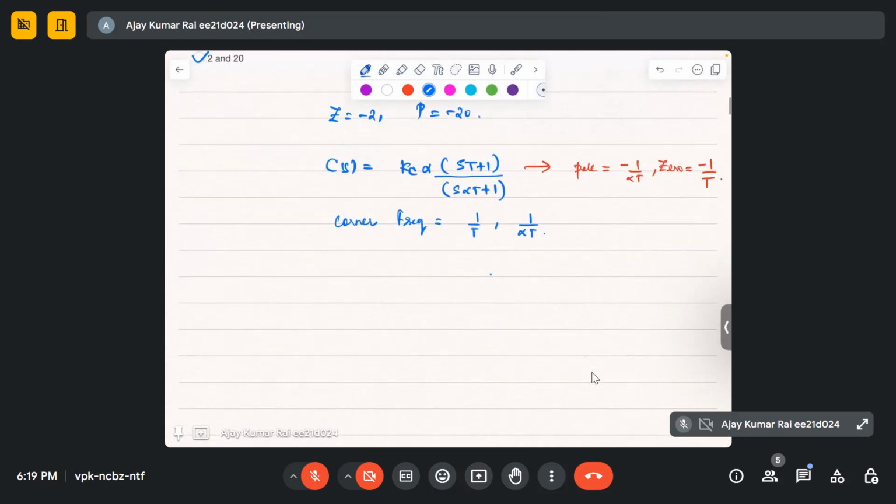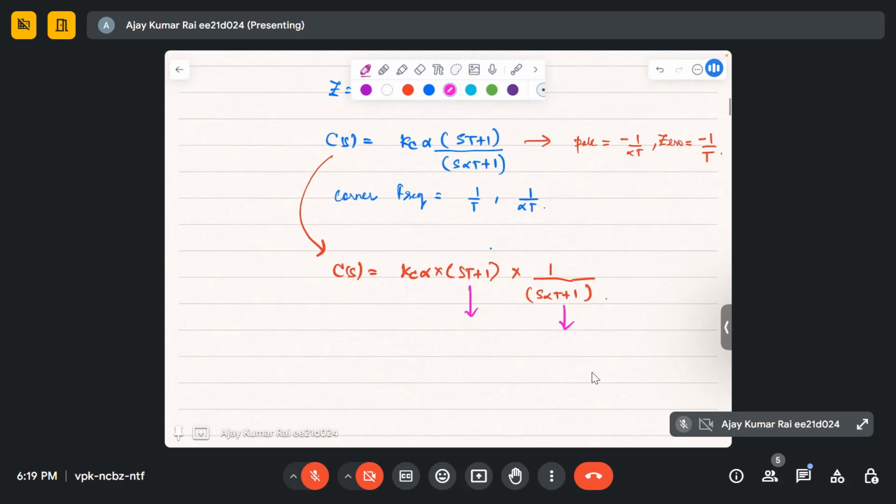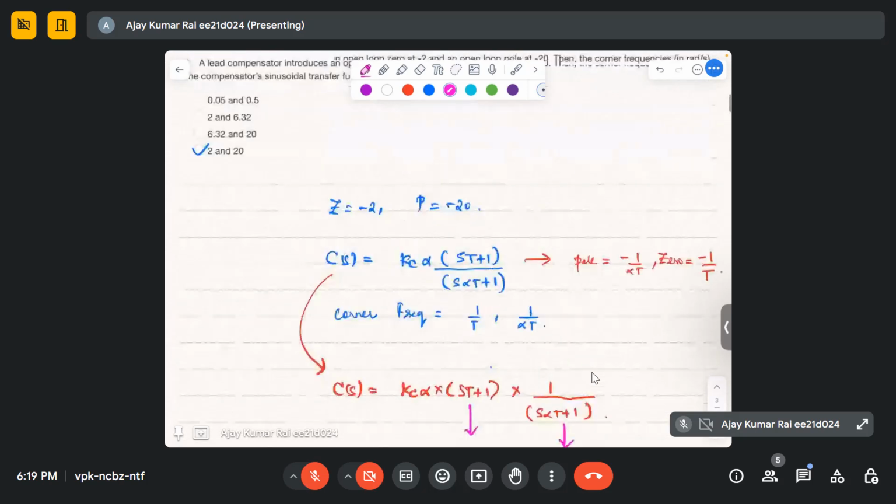You can also write it as (s/2 plus 1) over (s/20 plus 1), then it is much clearer. From one factor you get one corner frequency, and from the other you get the other, which equal the poles and zeros. Straightforward.